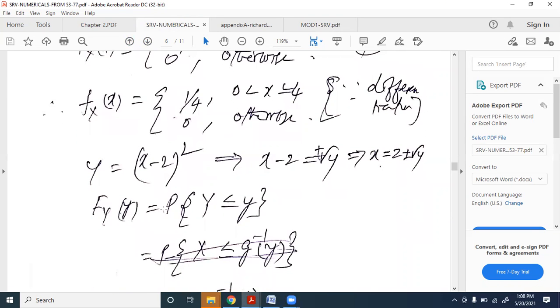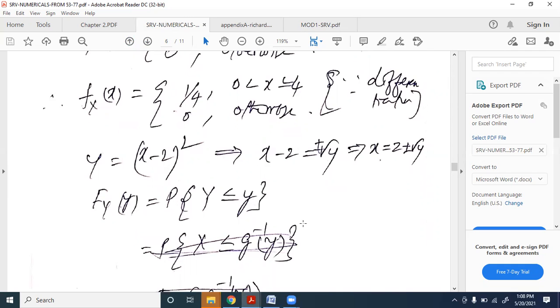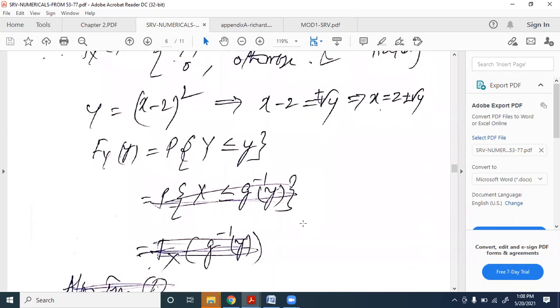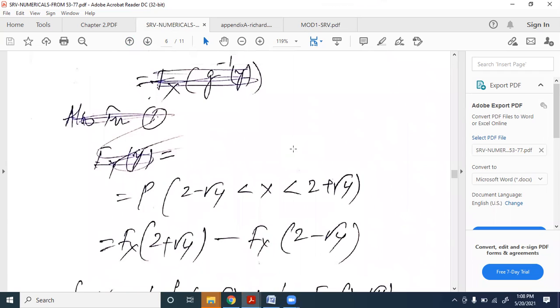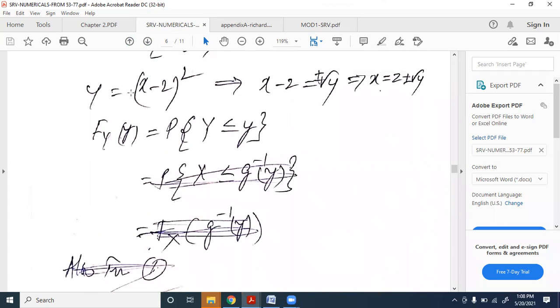So Fy(y) will be equal to P of Y less than y, and one can write this in a different way. This will be equal to P of X lying between these two values.